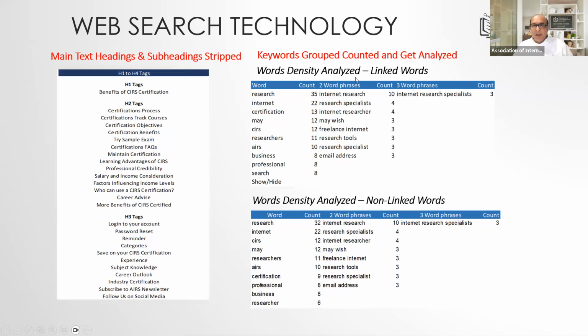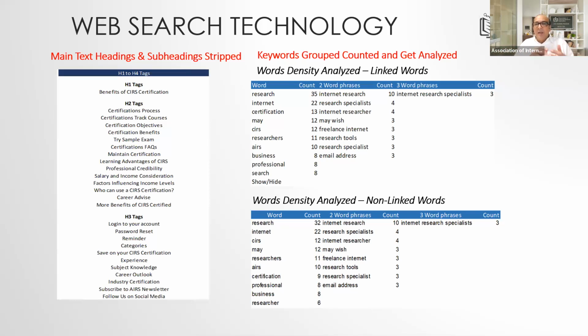This is called word density. Now, there are two types of word density: linked words and non-linked words. Linked words are the words that are also part of the URL, which means the first one is linked word, meaning these words are inclusive of their use inside of the URLs that are there.